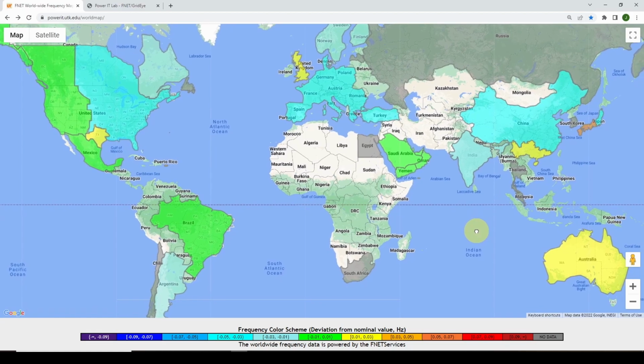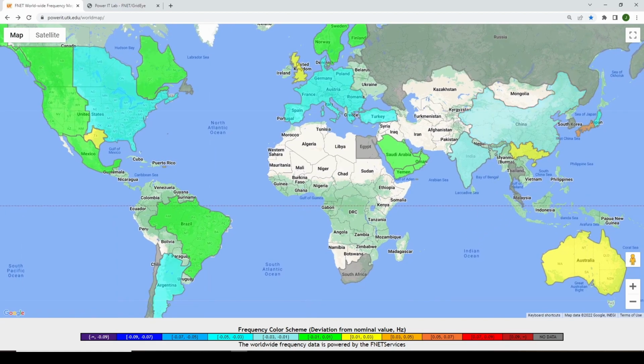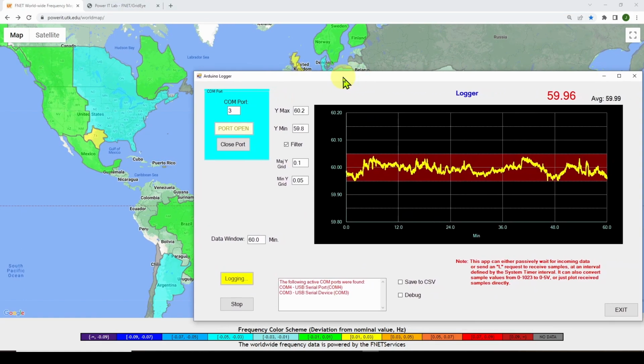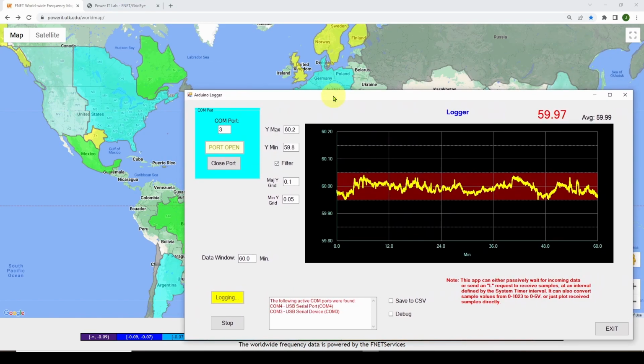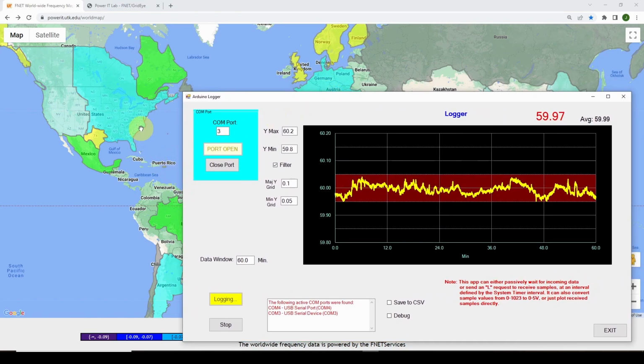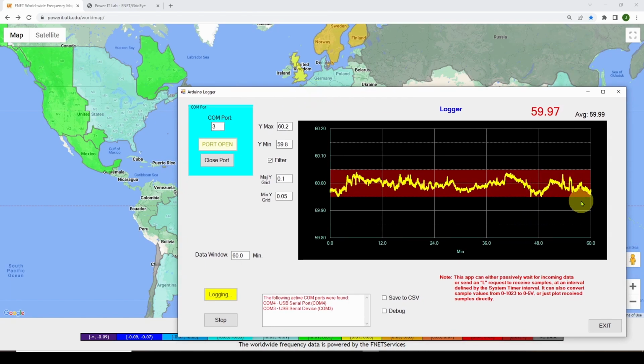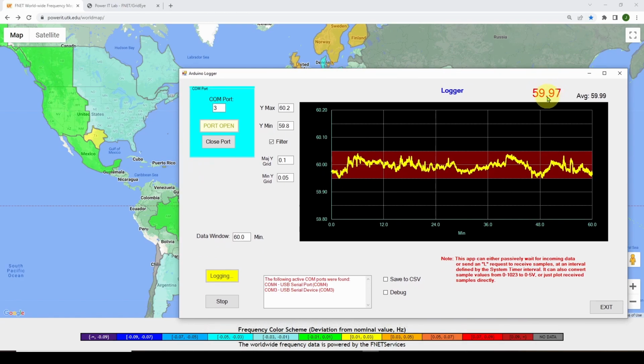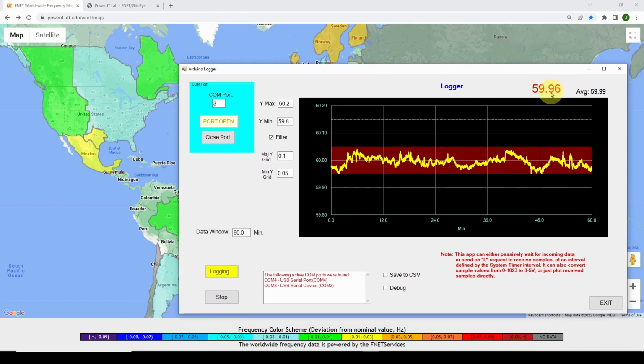So really fascinating. And what you can also do is, if you have done this frequency monitor, you can compare the results of this map to what you read in your own outlet. Right now I'm seeing 59.97, which should tell us, yeah, it should be kind of a light blue because it's below 60.